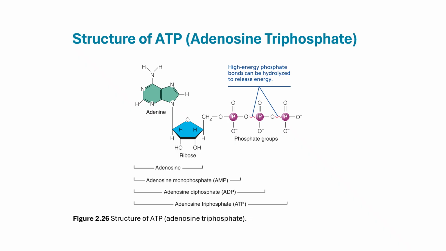So we would have 2 phosphates, just these 2, not this one, with the ribose and the adenine. If we have all 3 phosphates like what's here, we have adenosine triphosphate. And that's mostly how you're going to find it, the triphosphate. That's the most common form.